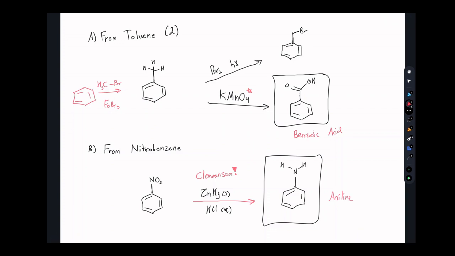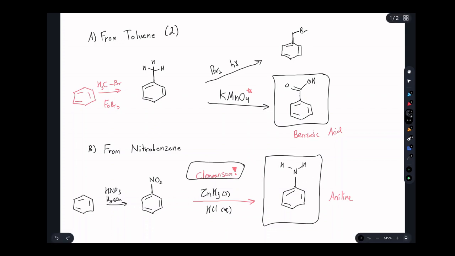Right? Nitrobenzene has turned into aniline now. That's an amine. Again, we don't have a way of adding amines directly to benzene, but from benzene, I can use HNO3 and sulfuric acid to add that nitro group. Then, subsequently, apply the Clemmensen reaction to reduce it down to the amine, or form aniline.